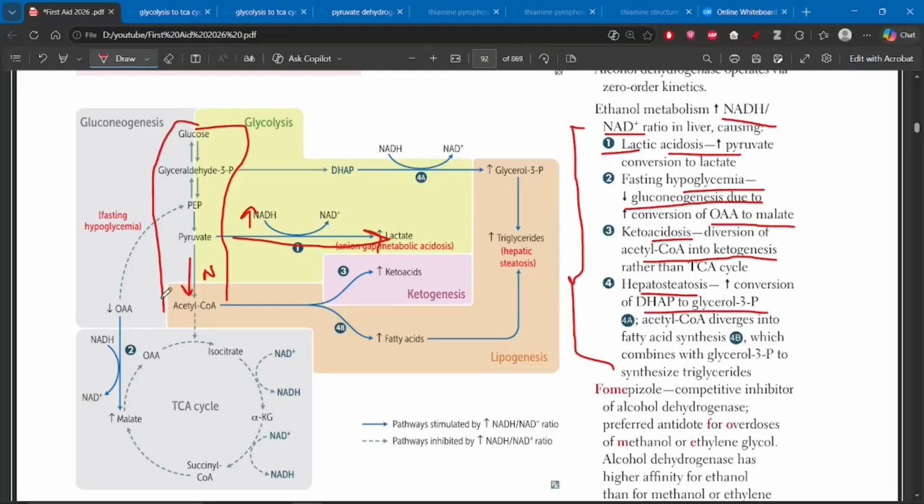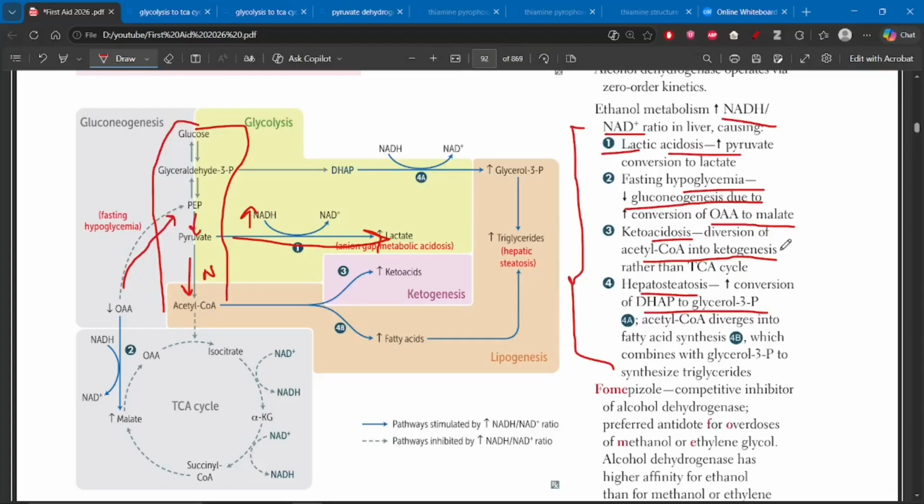Normally, oxaloacetate needs to get converted into PEP, and PEP then goes down and gets converted to pyruvate, and then pyruvate enters the TCA cycle, right?